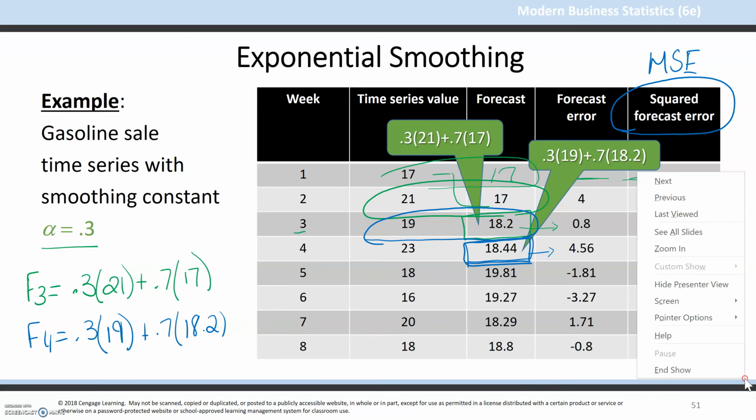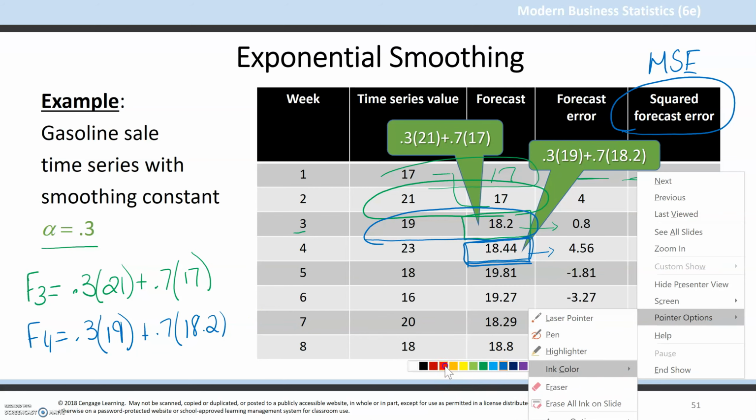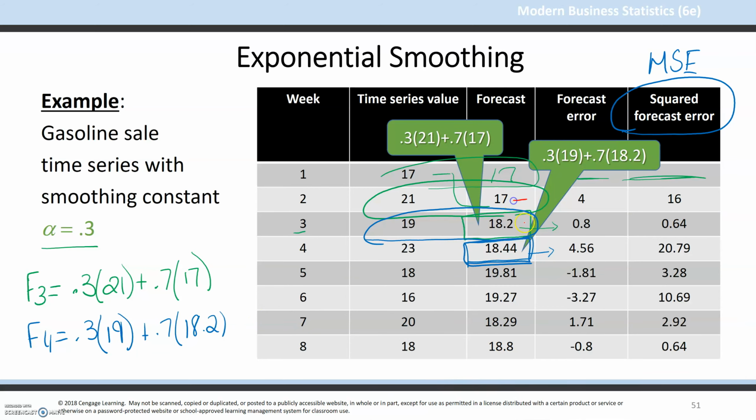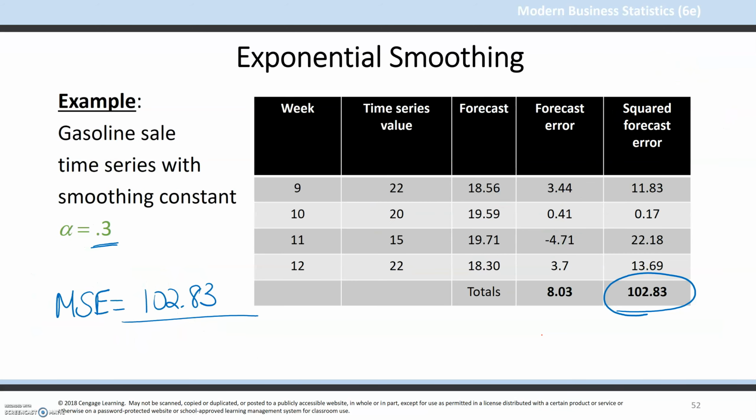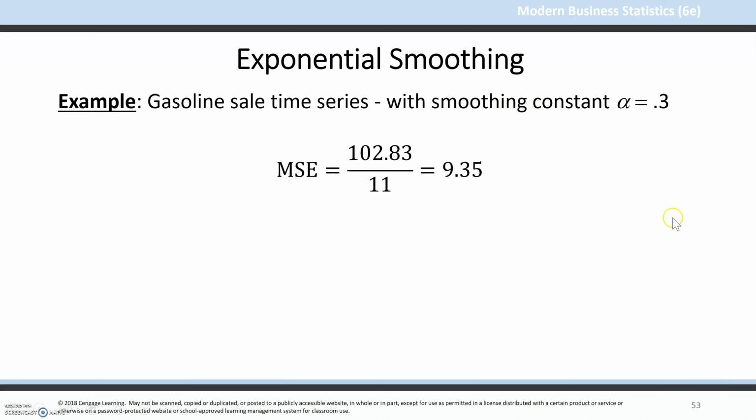Well, 1, 2, 3, 4, 5, 6, 7, 8, 9, 10, 11. All of those were actual forecasts. So divided by 11. And if you calculate that through, that gives you an MSE for an alpha of 0.3 of 9.35.